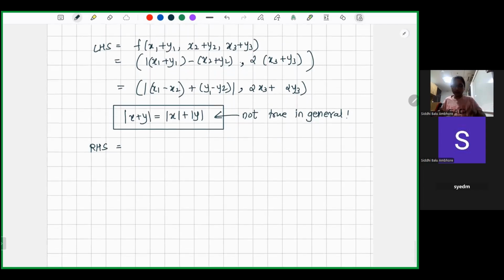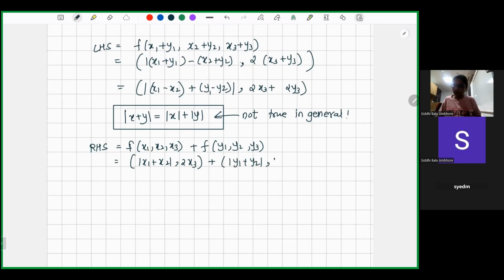Now let us see what is RHS. This is mod of x1 minus x2, comma 2x3, plus mod of y1 minus y2, comma 2y3.